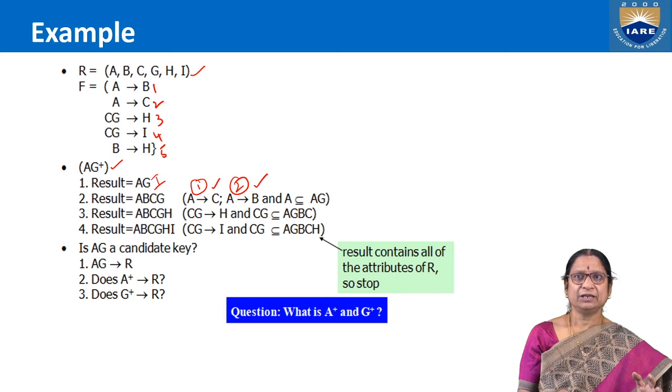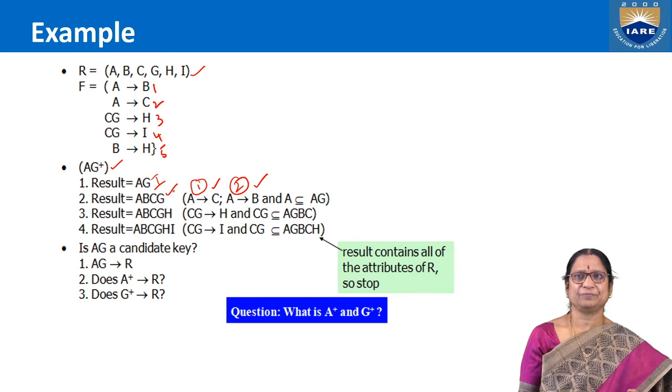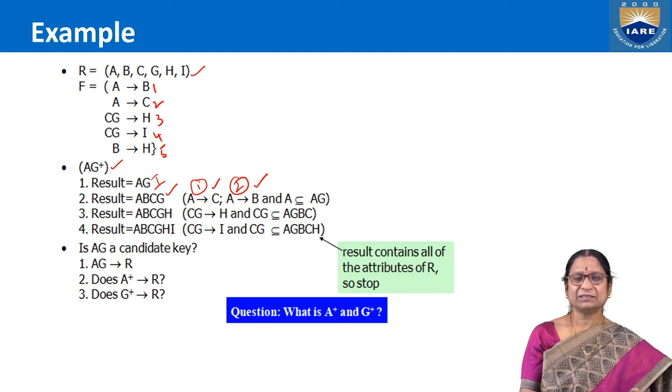Now I am including C as well as B because the respective FD's left hand side is already in my attribute closure. By including these two, now my result is having ABCG. A contained in AG, so because of that I am adding the right hand side as per the rule of computation of the attribute closure. Right hand side is included in our attribute closure, that is the result in this example. Now, so ABCG is there.